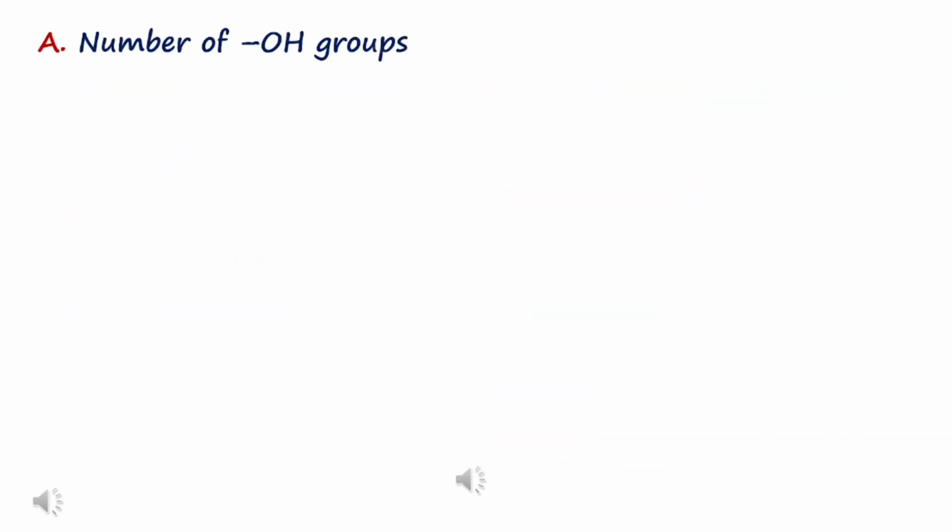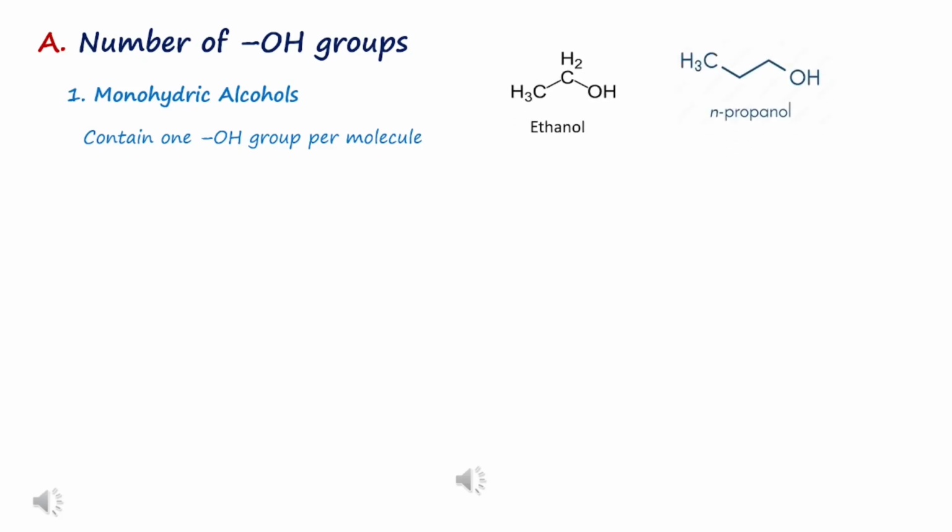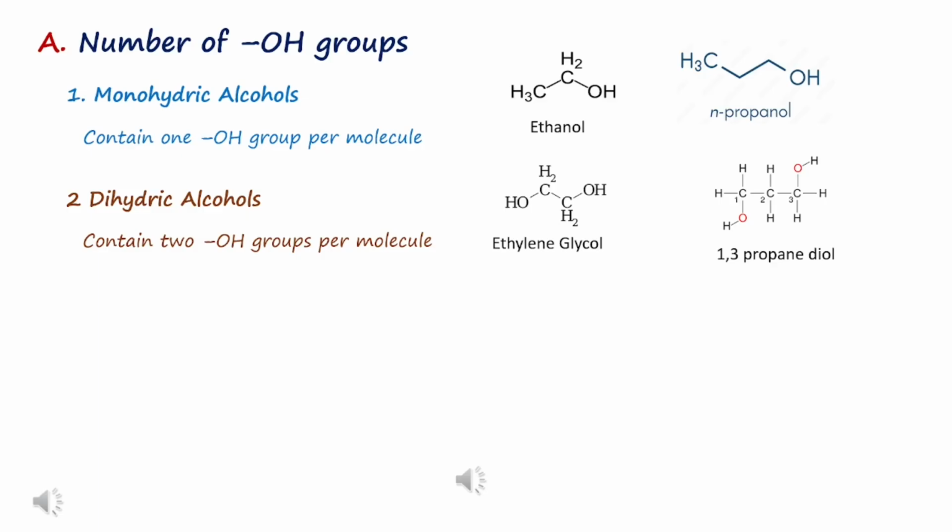On classifying alcohols based on number of hydroxyl groups, firstly we have monohydric alcohols, which contain one hydroxyl group per molecule. Examples are ethyl alcohol, propyl alcohol and many more. Dihydric alcohols contain two hydroxyl groups per molecule, for example, ethylene glycol, 1,3-propanediol and many more.